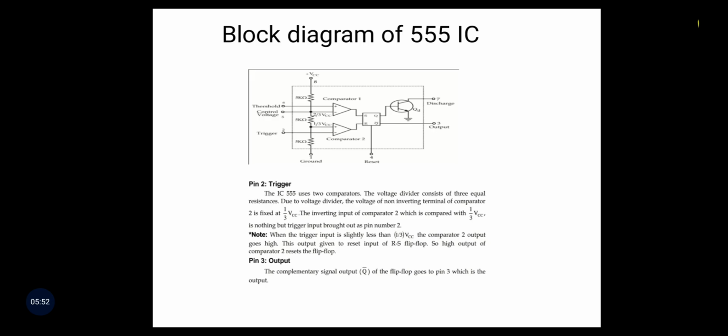When the trigger input is slightly less than 1/3 VCC, the comparator 2 output goes high. This output is given to the reset input of the RS flip-flop. So the output of comparator 2 resets the flip-flop.